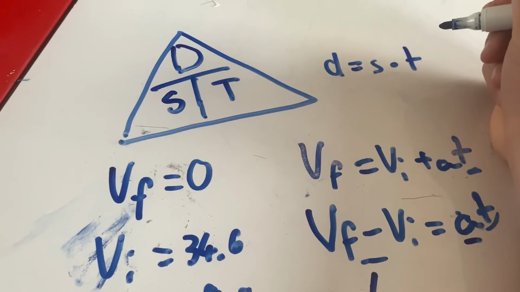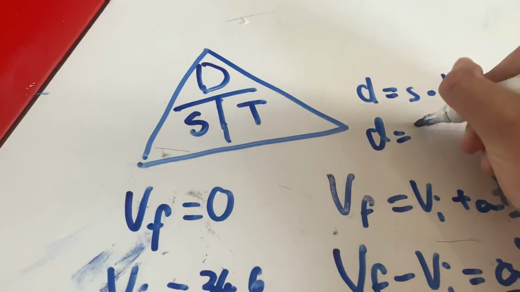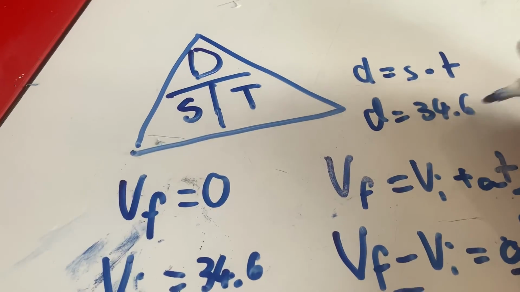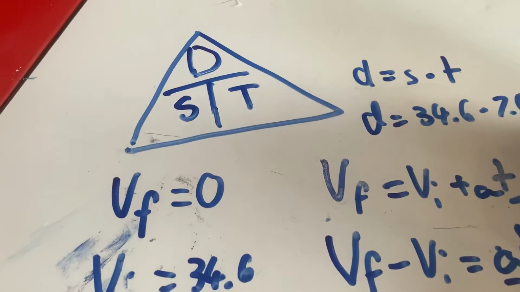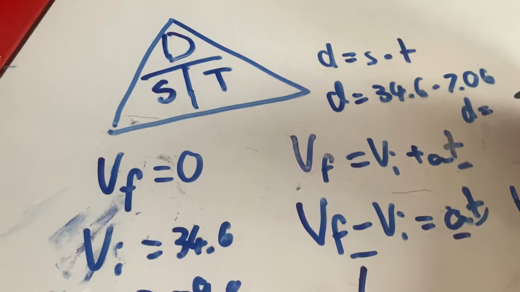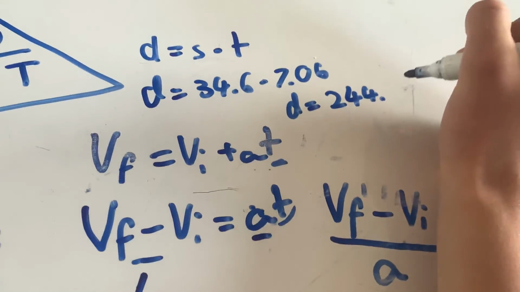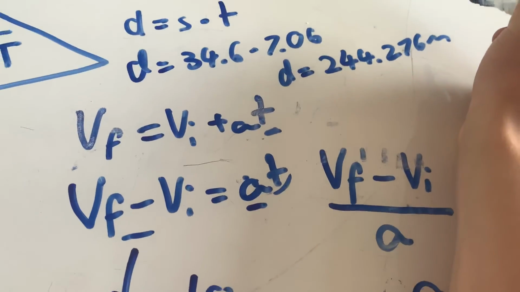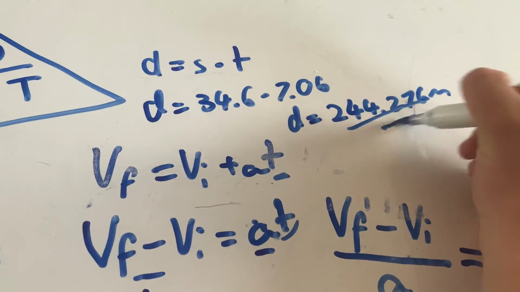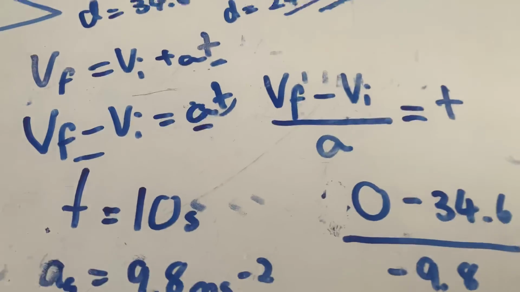So if we simply substitute the values, D is going to equal 34.6 times 7.06, which equals 244.276 meters. And yeah, that's the distance, and that is the tutorial.